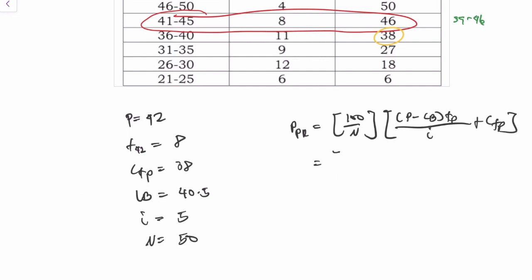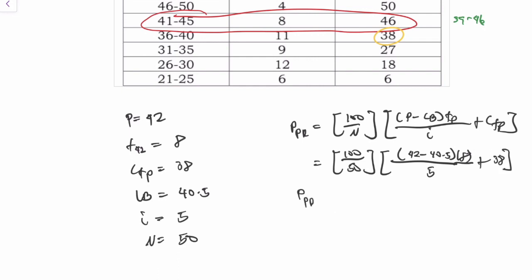Plug in the values: 100 over 50, our P in this case is 42, minus LB, which is 40.5, times the frequency, which is 8. Divide all of this by the class interval size, which is 5, plus the cumulative frequency, which is 38. Now plug in these values into the calculator to get the answer.